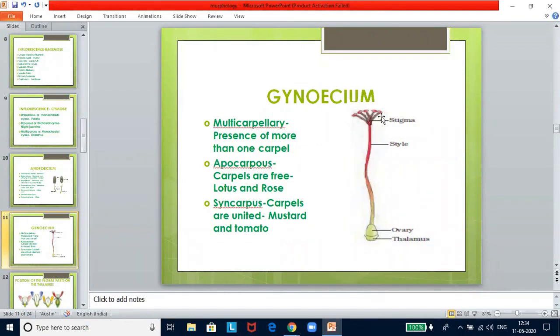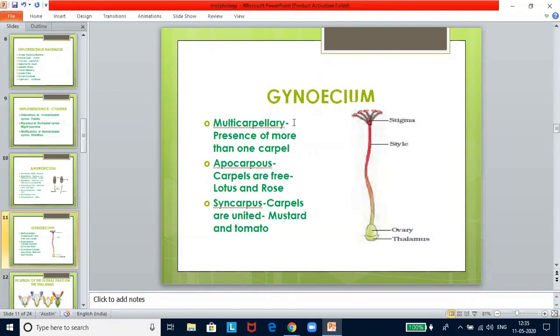Actually, the stigma bears surface receptors to identify the same species. Suppose the pollen of an unrelated plant falls on it, it does not germinate because the stigma has chemical properties to identify whether it belongs to the same species or to a different species.